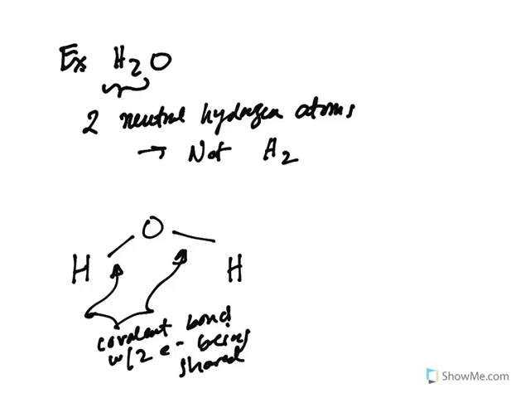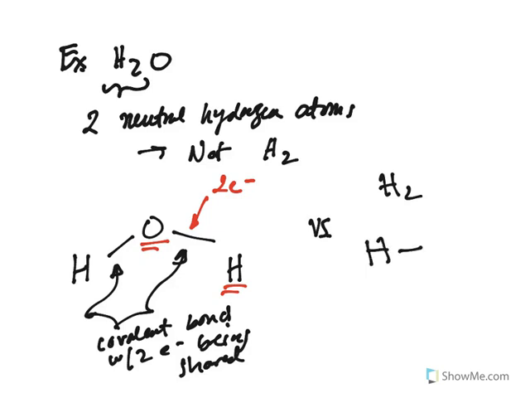So that means, for example, in this bond right here, there are two electrons being shared between this oxygen atom and this hydrogen atom. That's different than when we look at H2, plain old elemental hydrogen.